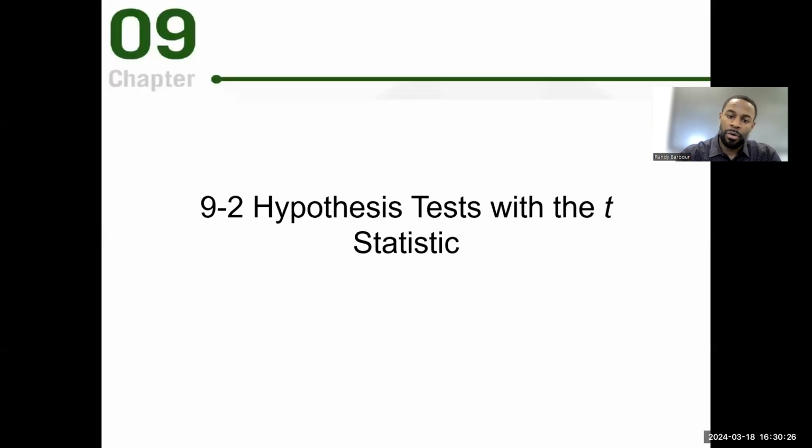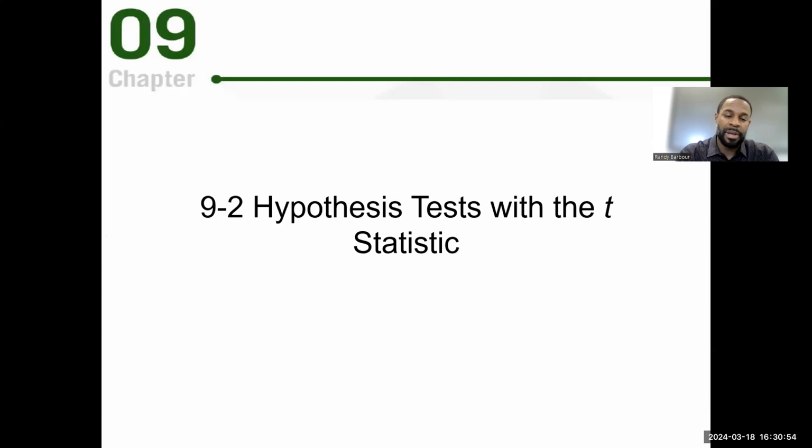Okay, so we began to talk about the hypothesis test. And one thing that separates the t-test from the z-test that we learned in chapter 8 is we do not know the standard deviation for the population. Since we do not know it, we're going to estimate that standard deviation. So now what we'll be calculating is the estimated standard error.